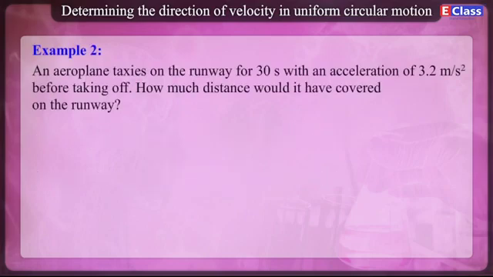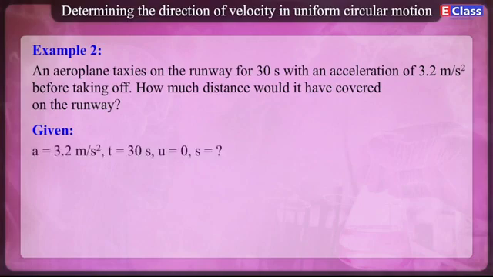Example 2. An aeroplane taxis on the runway for 30 seconds with an acceleration of 3.2 meter per second square before taking off. How much distance would it have covered on the runway?